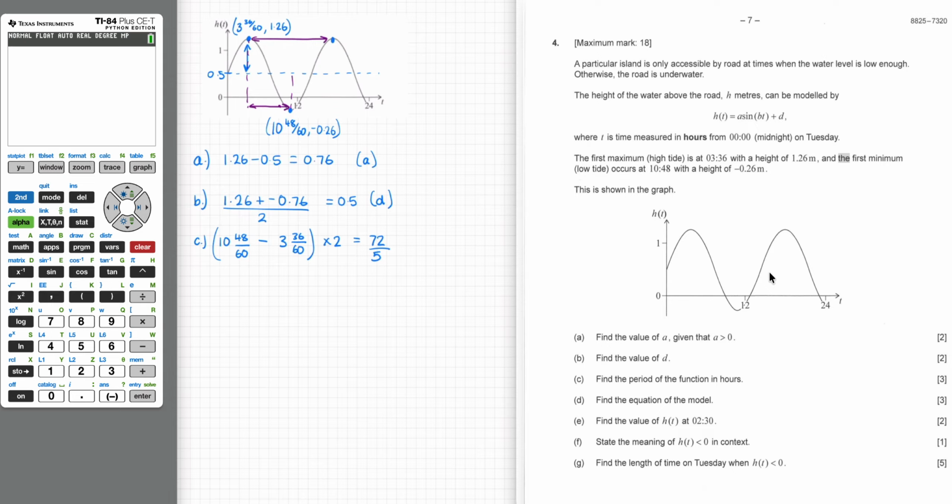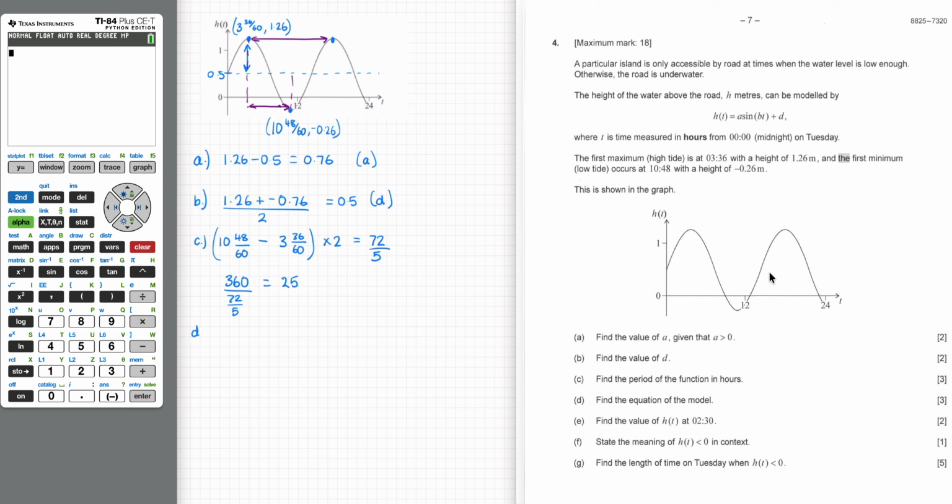So the period of the wave is 72 over 5. And it asks me to find the period of the function in the hours. So yeah, that's the 72 over 5. Now 360 divided by that is then 25, and 25 is what I then use in my formula.